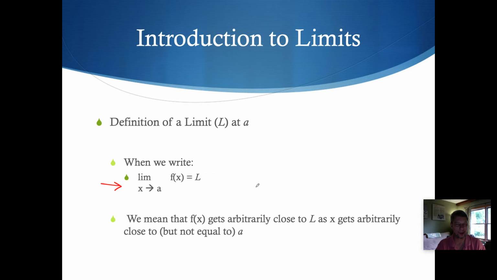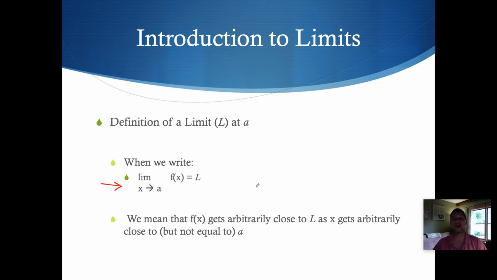Okay, so the L stands for the limit. What that means is that f of x gets arbitrarily close to this value L as x gets arbitrarily close to, but not equal to A. All right, so as x gets closer and closer to A, f of x gets closer and closer to L. That's what a limit means.